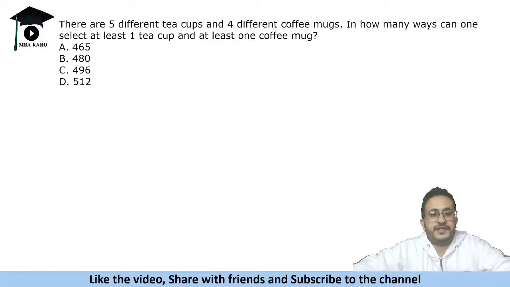There are 5 different teacups and 4 different coffee mugs. In how many ways can one select at least one teacup and at least one coffee mug?